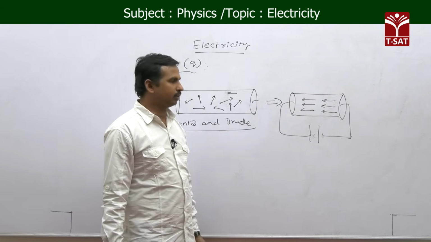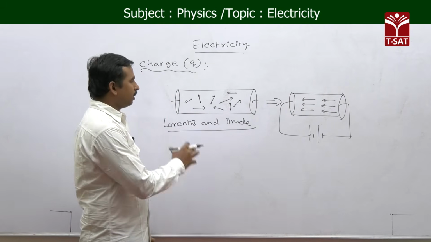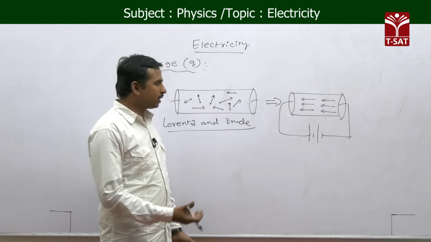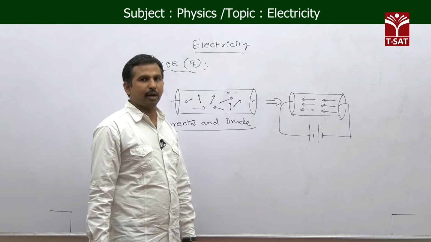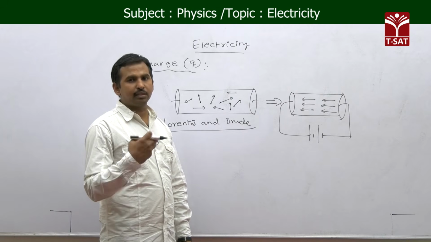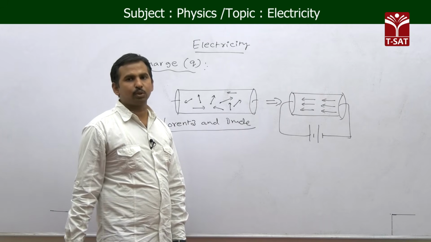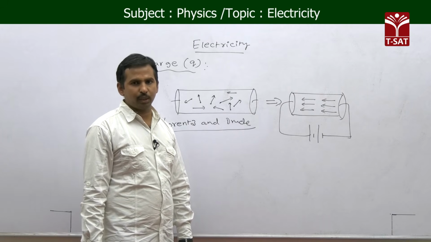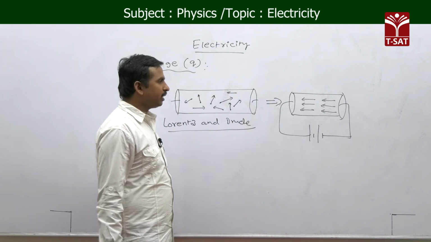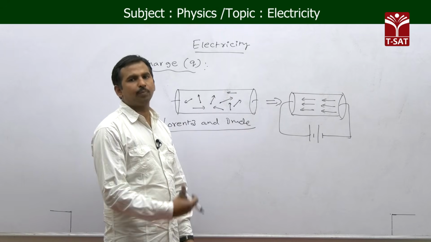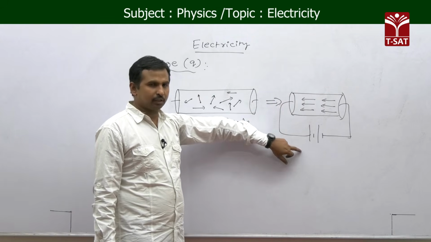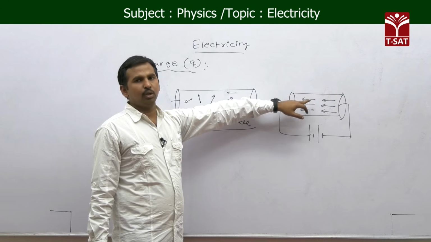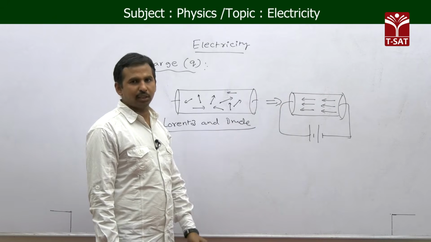Whenever no battery connection is given, they go in different directions, but once you connect a battery, inside the battery we have a force called electromotive force. A force makes those electrons move in one particular direction, which means the battery is doing some work on these charges.